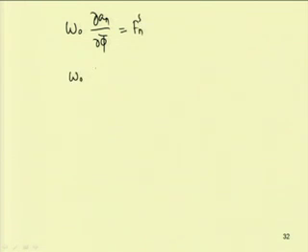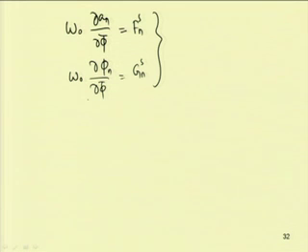Similarly, omega 0 del phi n by del phi bar equal to G n short period terms. As these terms are known, one can find the solution by solving these equations. In this way, by using this generalized method of averaging, one can find the solution of the equation.